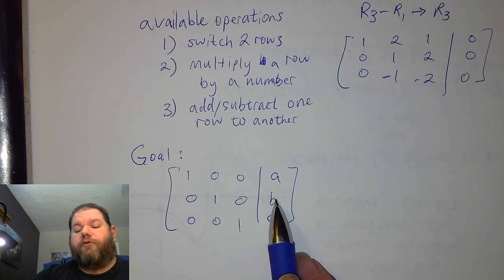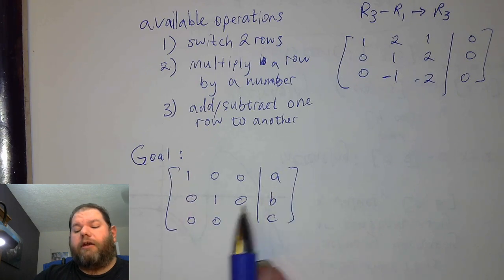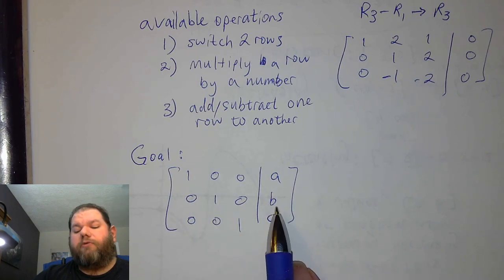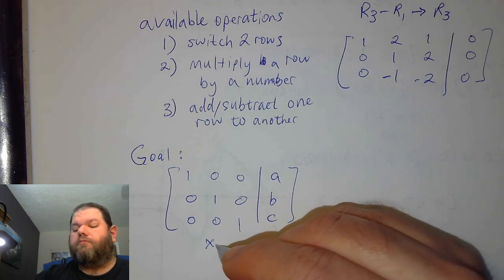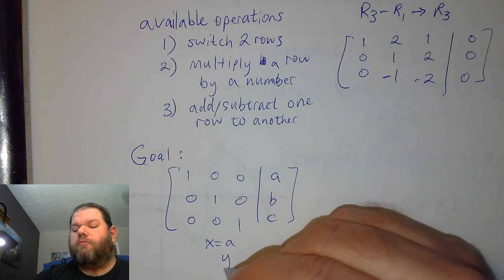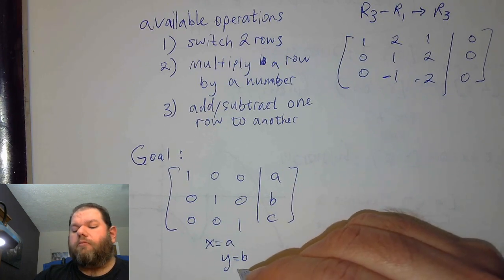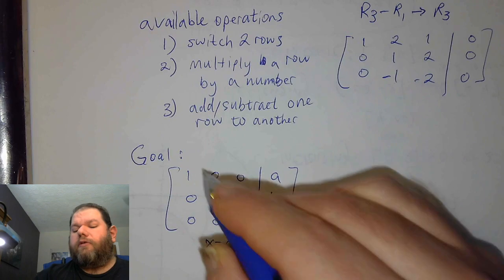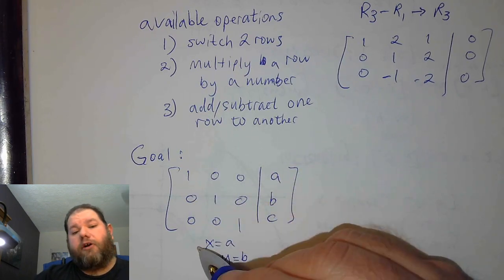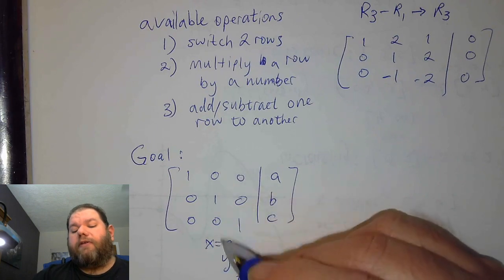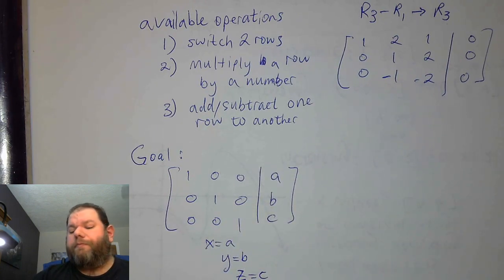And then whatever numbers are over here, then x would equal a, y would equal b, and z would equal c. So this is what we try to work towards. So we do it one column at a time. We get the first column where it needs to be, then the second column, then the third.